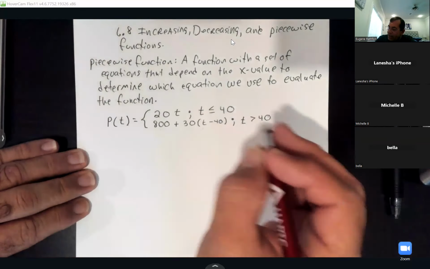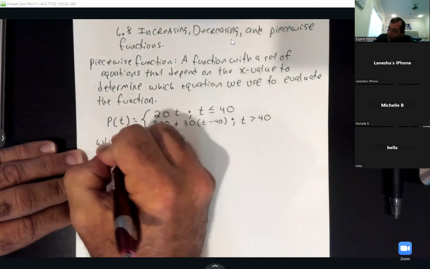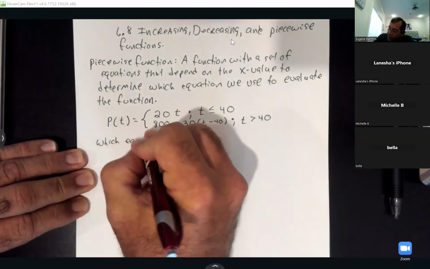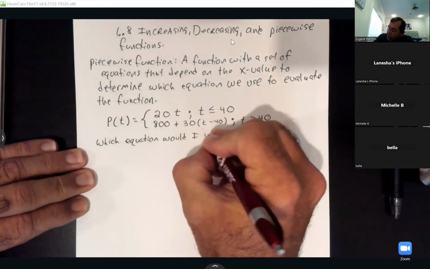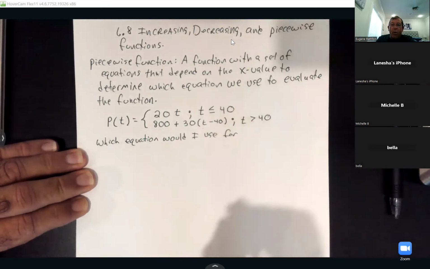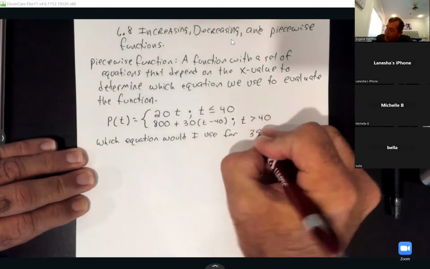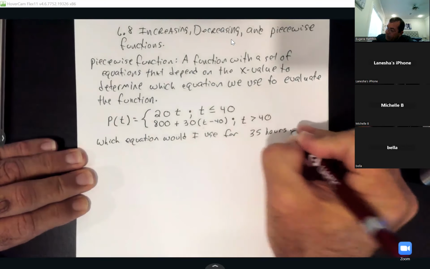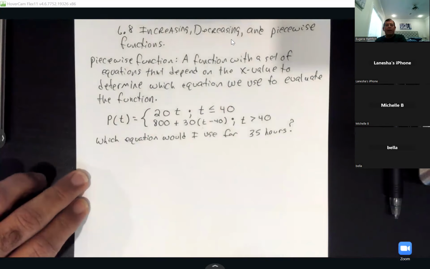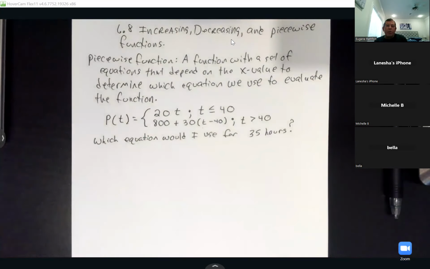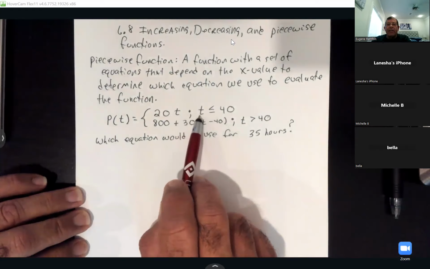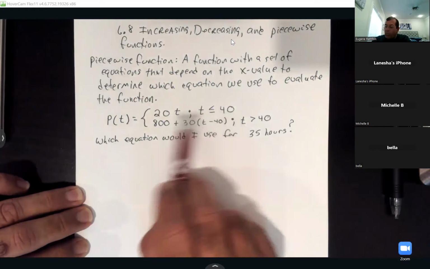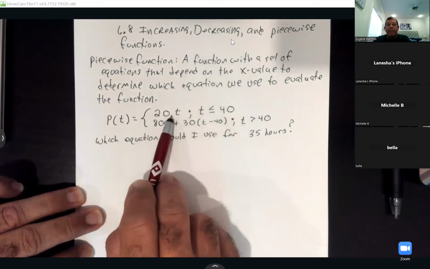So a question I might ask on this: which equation would I use for 35 hours? Now, I don't care about the value. I just want to know which of these 2 equations would I use if I work 35 hours? Well, this first equation is telling me, hey, if your hours is less than or equal to 40, we're going to use the first equation.